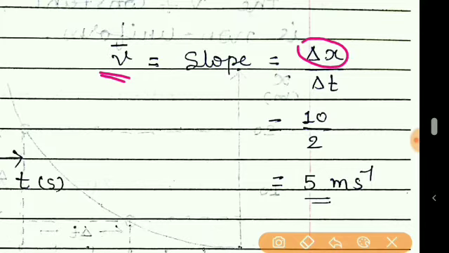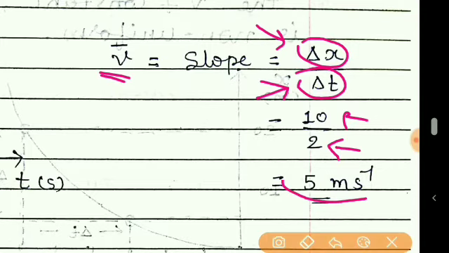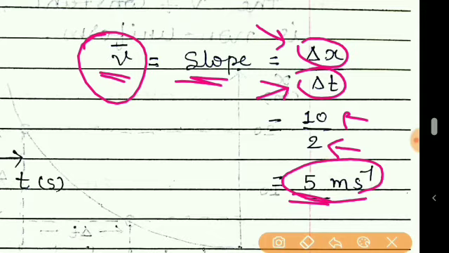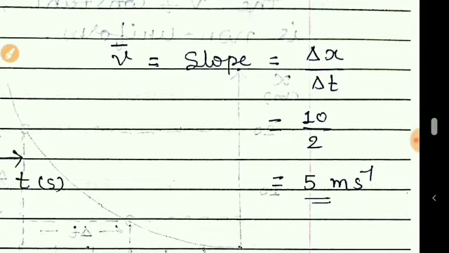So delta x upon delta t means displacement upon time interval. What is delta x? So that is 10. And what is delta t? It was 2. And so 10 by 2 is 5 meter per second. So we obtained slope as 5 meter per second, and that is nothing but the average velocity.